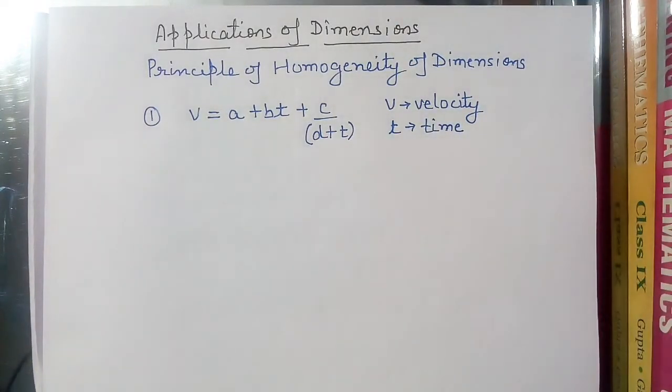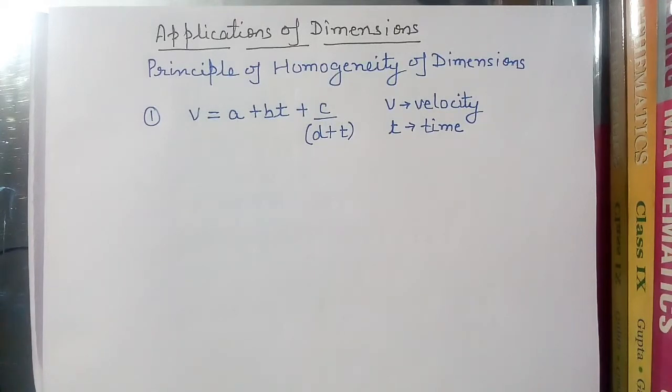It is given that V represents velocity here and T represents time. Now we have to find the dimensions of A, B, C and D respectively.